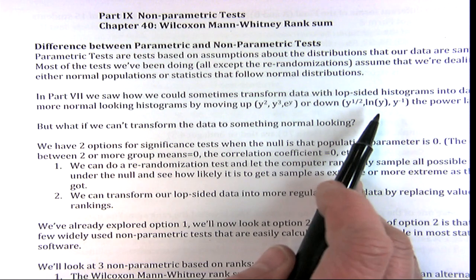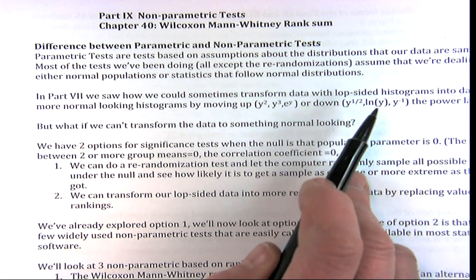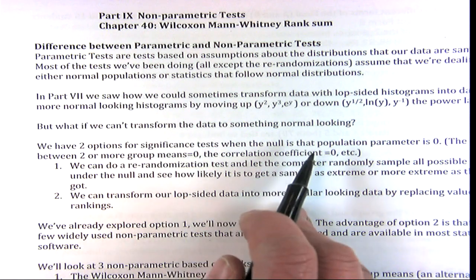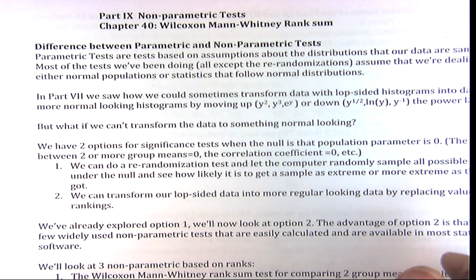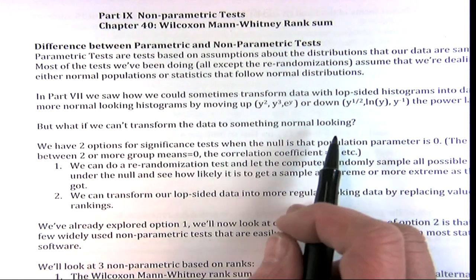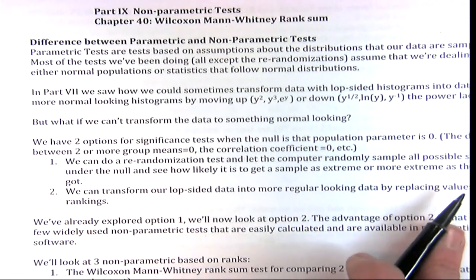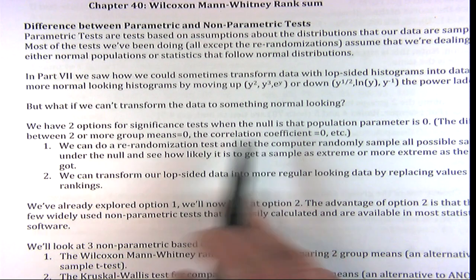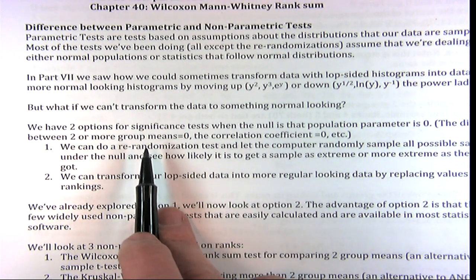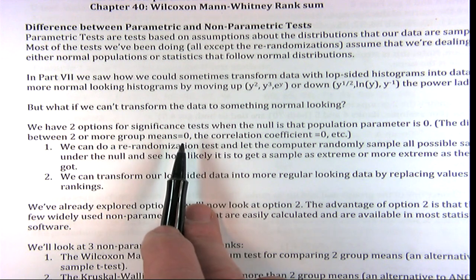The ones we concentrated on the most were the logs. But what if that doesn't work? What if we can't transform the data to make it more normal looking? Lots of times that happens. So if we want to do significance tests, we have two options.